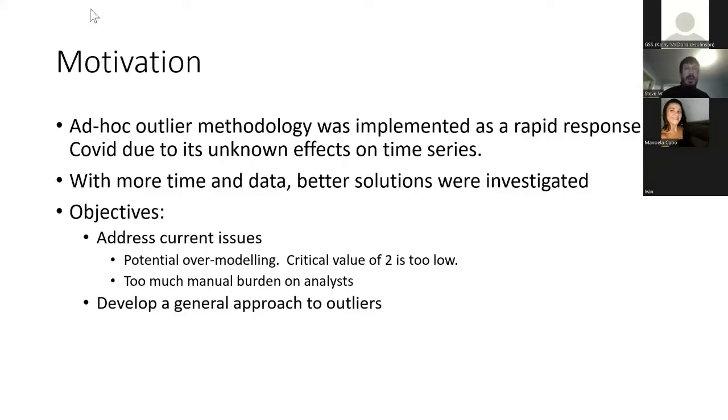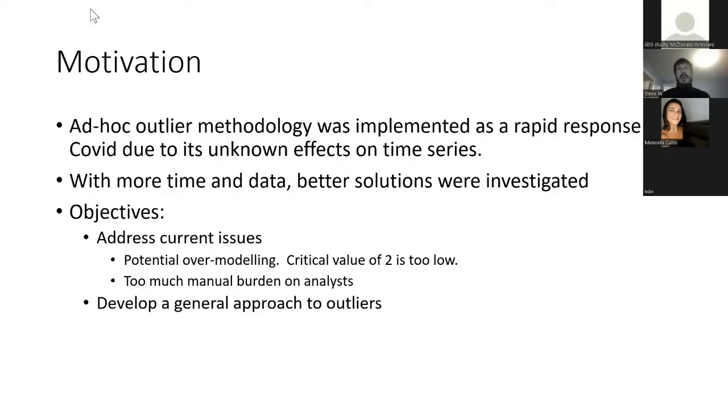We weren't really fluent in using the typical outlier models like AOs and level shifts. So we put together a rapid response where we just manually modeled additive outliers. It's sort of fix and go.